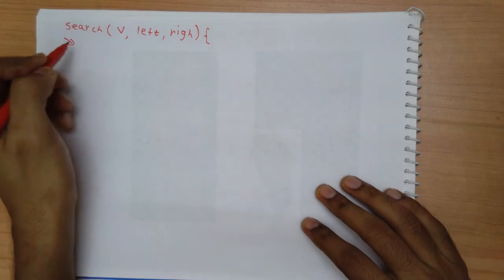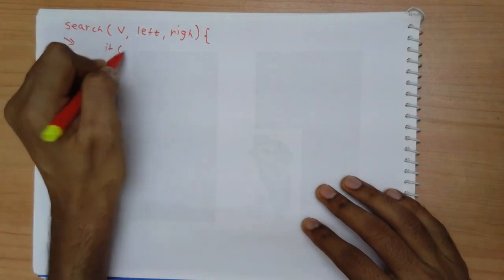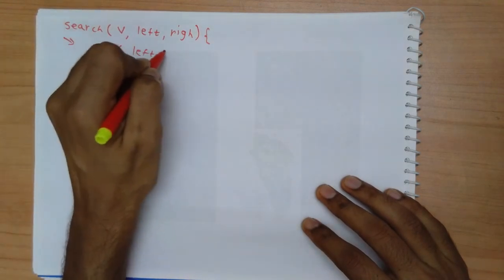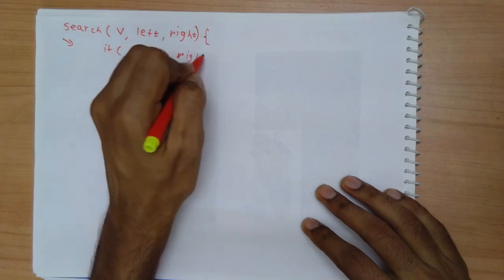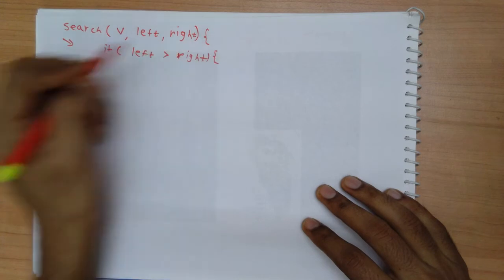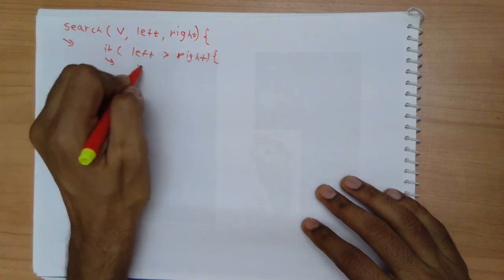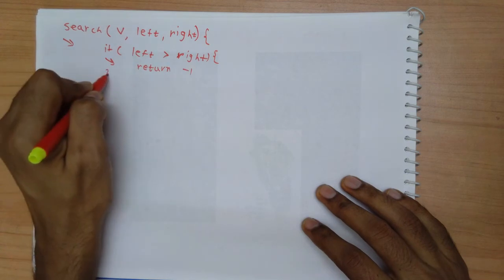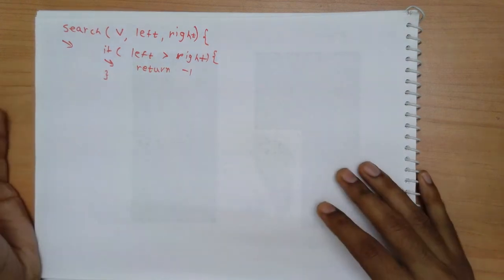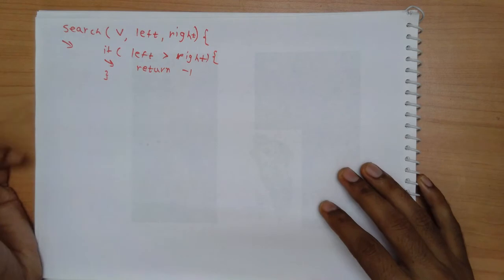First we'll check if left is greater than right, and if that's the case, we should return -1, indicating that the value is absent. And if that is not the case, what should we do?